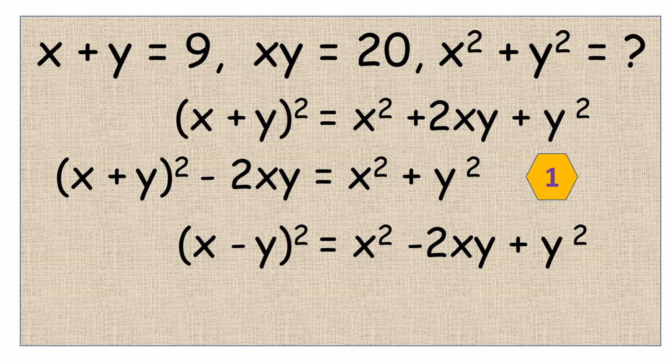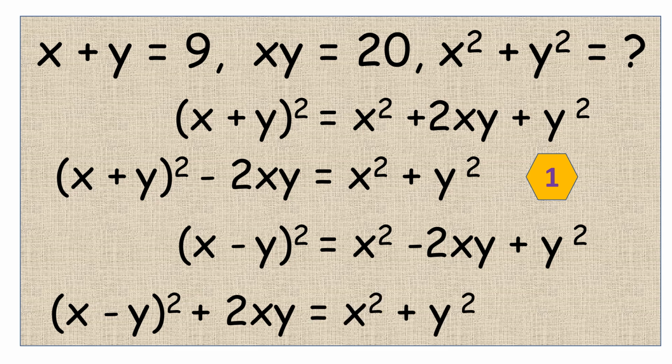Now, if we take the 2xy, which as it is represented now here on the right-hand side is minus 2xy, and decide to take it to the left-hand side, so that we can have x squared plus y squared alone on the right-hand side, this now gives us the expression.